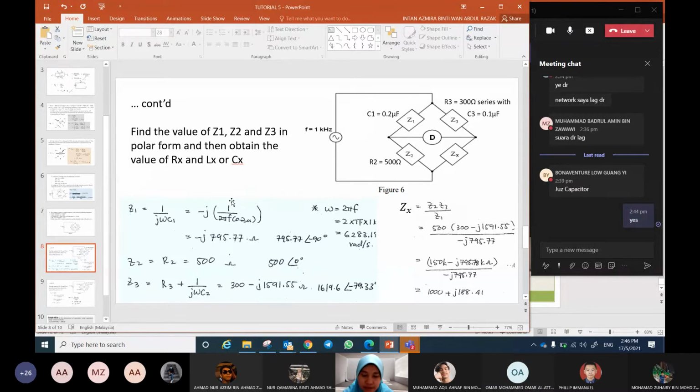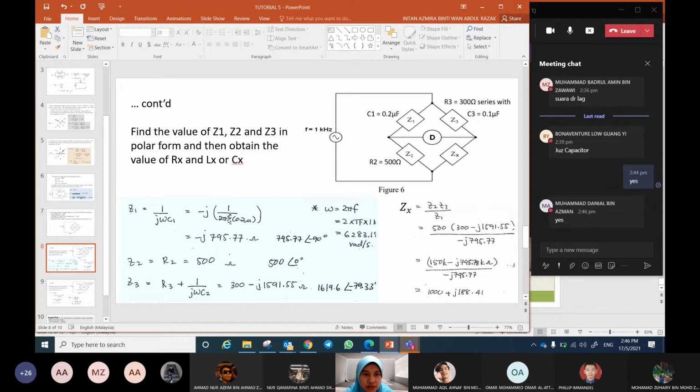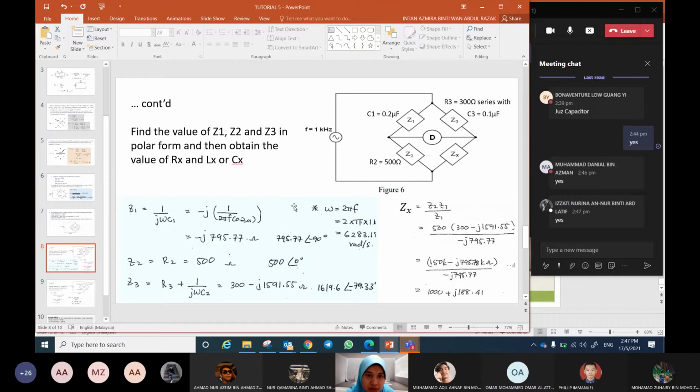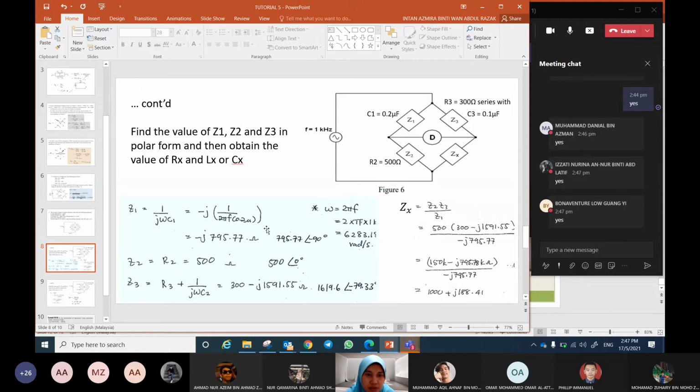And then you just type 1 over in the bracket. Okay, good Daniel. 1 over in the bracket 2 multiply with 2 pi multiply with 1k multiply with 0.2 micro.